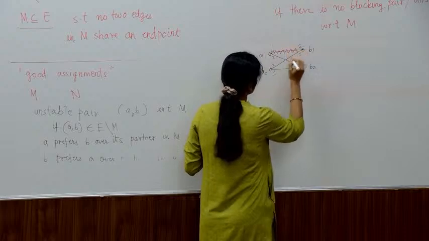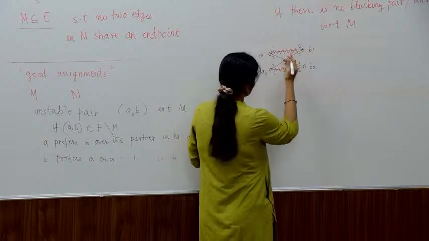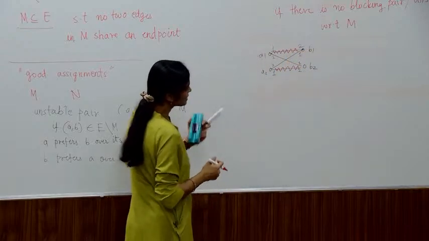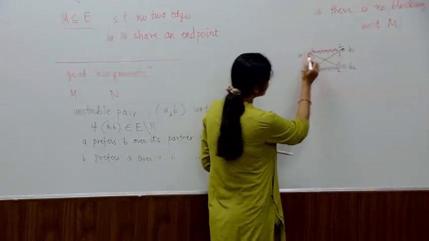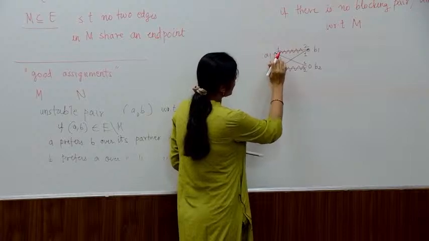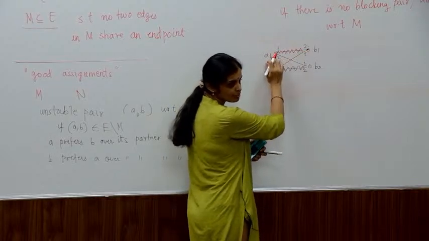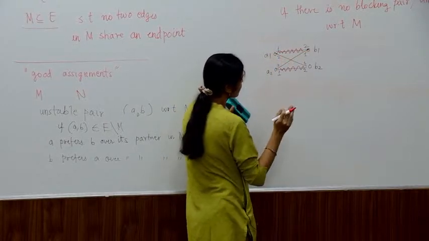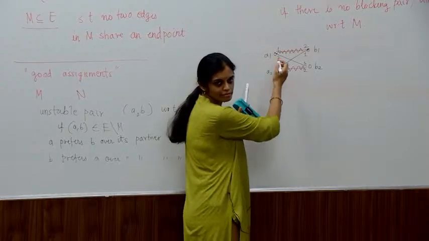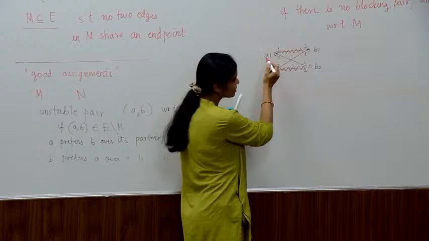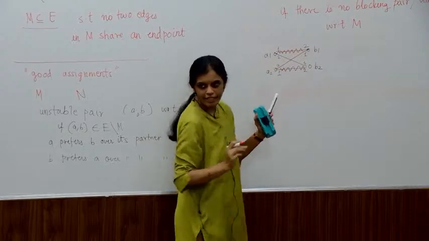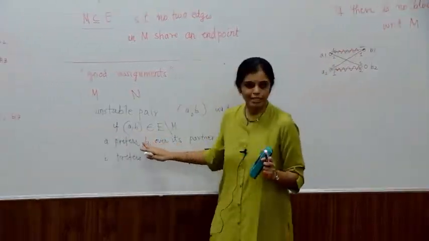So I'll look at the size-two matching, without loss of generality, and ask whether this is stable or not. A1 does not have incentive to deviate because it's matched to its top choice, so A1 cannot participate in a blocking pair. We can write off A1.